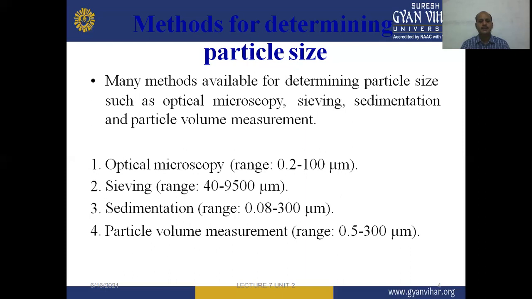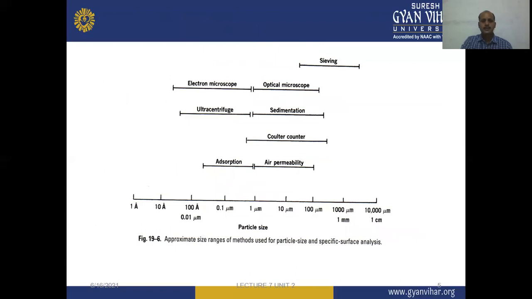In the third method, the sedimentation method, particles in the size range of 0.02 to 300 micrometer can be determined. The last method is the particle volume measurement method, also known as the Coulter counter method, electric method or conductivity method, which is applicable within the range of 0.5 to 300 micrometer. So these are the four methods for determination of particle size distribution for any powder sample as well as dispersion, with their approximate size ranges.